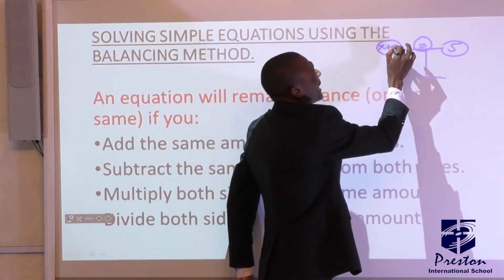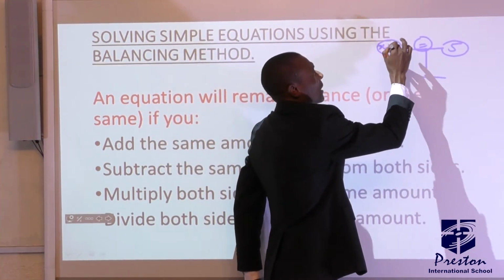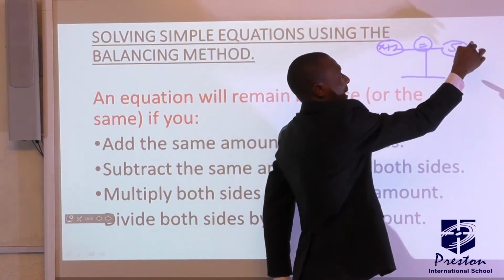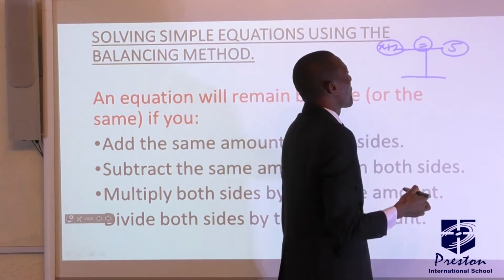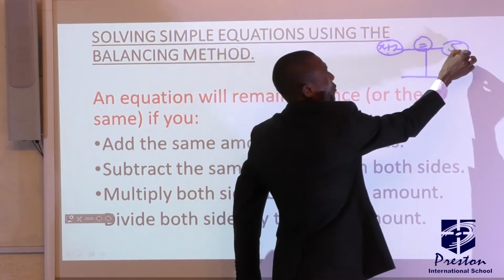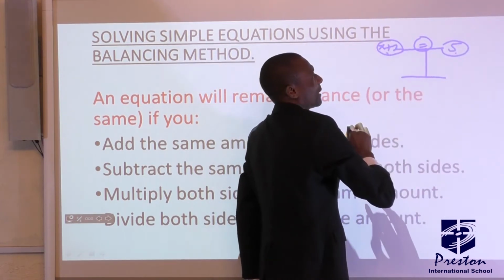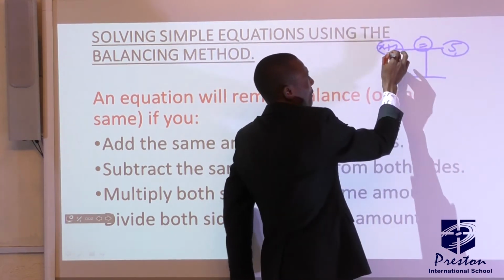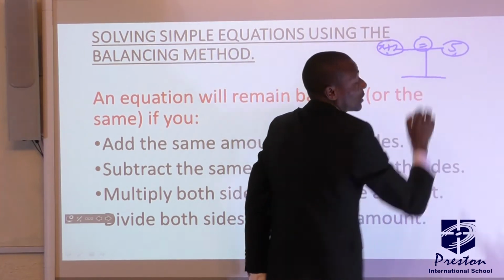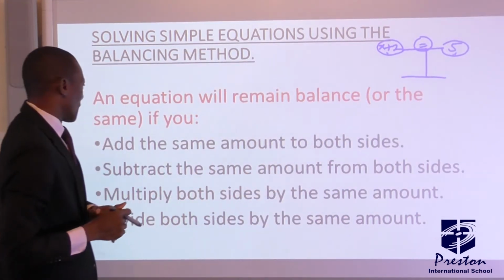So if I add anything to this x plus 2, for the other side to be balanced, I must add the same thing here. If I subtract from here, I must also subtract here. If I multiply this by 2, I must multiply by 2. If I divide this by whatever, I must also divide here, so as to remain balanced.